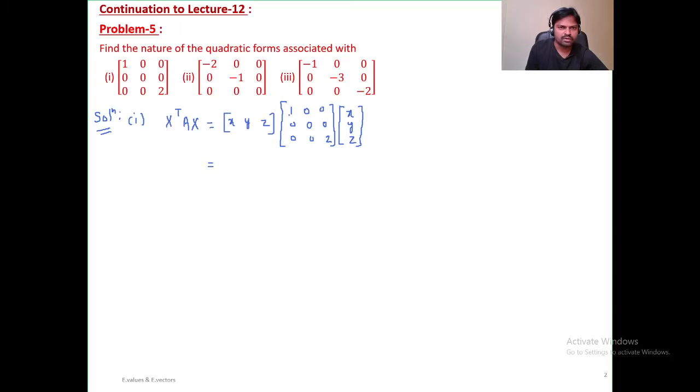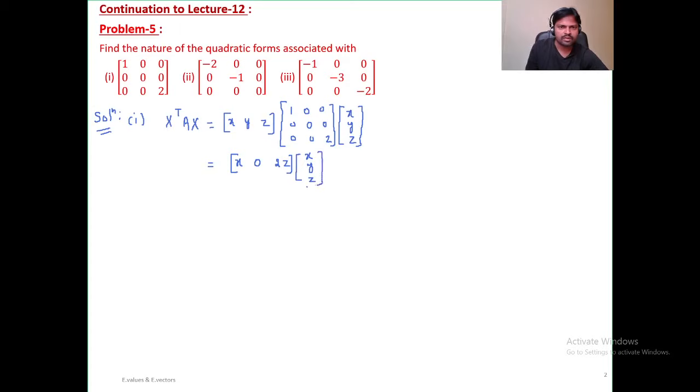So x into 1 0 0, y into 0 0 0, z into 0 0 2. So the first entry is x. Okay. Second entry, same with the second column, 0. Same with the third column, it is 2z. Okay. So the first multiplication of the first two matrices gives this one. Next one is x, y, and z.